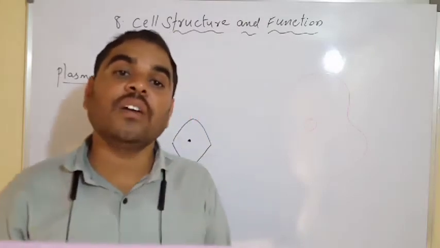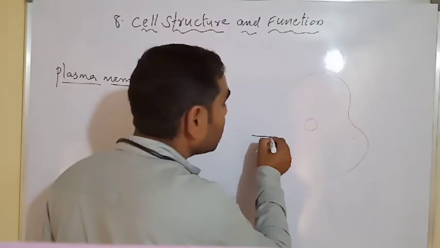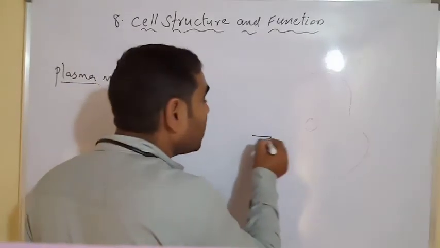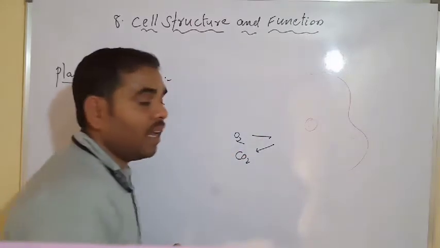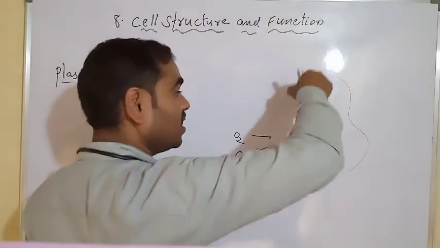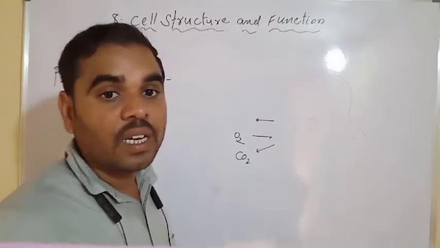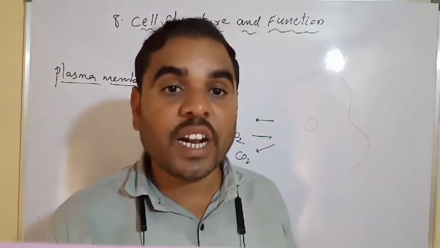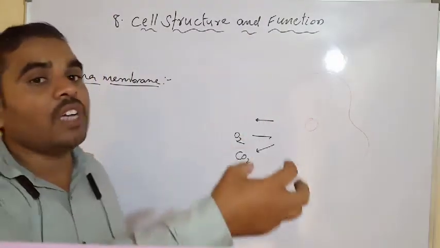The plasma membrane protects our cells. It is a selectively permeable membrane, a semi-permeable membrane. Selected materials enter inside and go outside, in and out. Many gases diffuse here. The food substances prepared inside are sent through the plasma membrane to other cells. It is a protecting layer, and it decides which substances are allowed inside or passed to another cell.